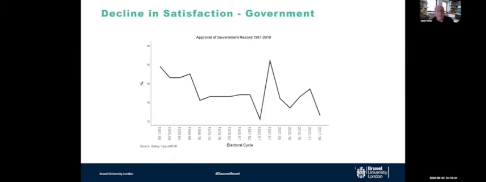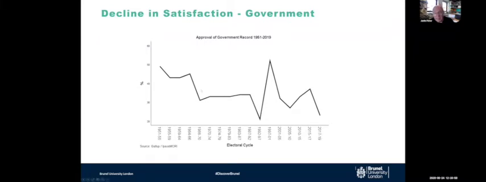And what we can see is that back in the 1950s, around 50% of us approved of what the government was doing. And that declined, but it was still pretty steady until the mid-60s. After that, it went into a steep decline and actually hit its depths in the John Major period of government between 1992 and 1997.